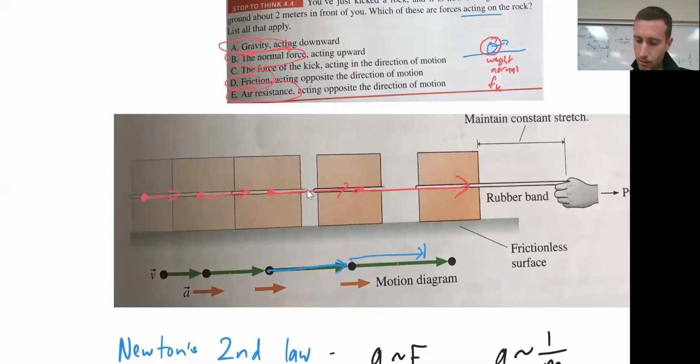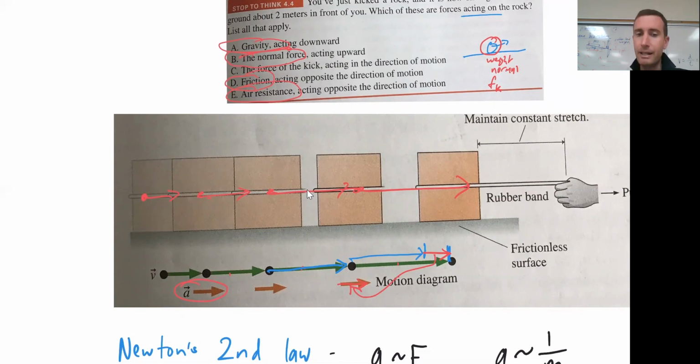That leaves me with a gap right there. And that gap would be how much my velocity increased. That change of velocity over the change of time can also be called the acceleration. So that arrow becomes that arrow, right? There is the same length of arrow. And so my acceleration is the difference in my velocities.